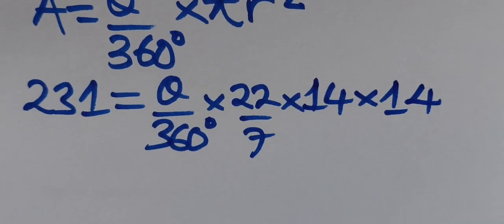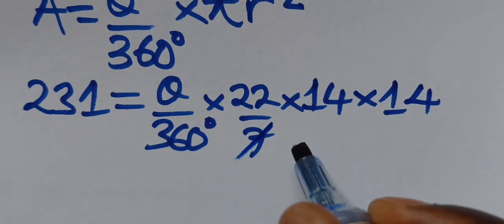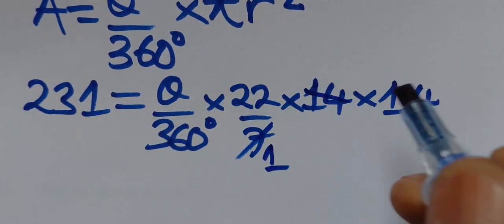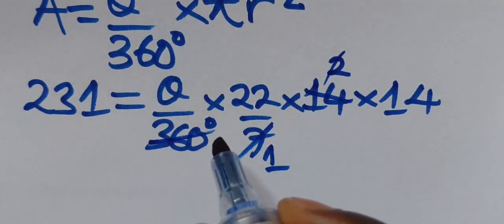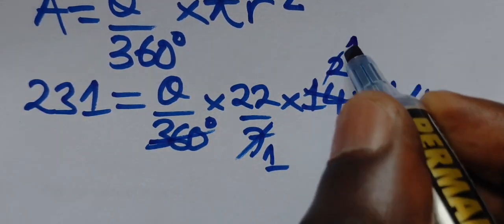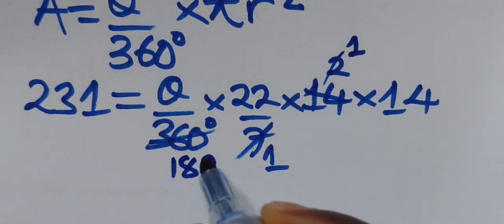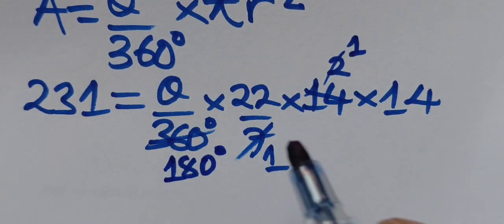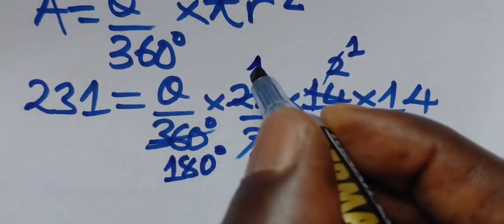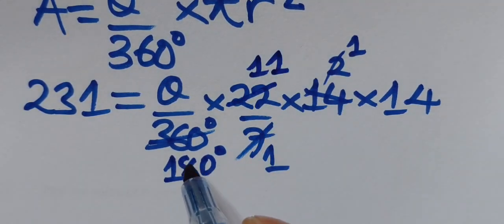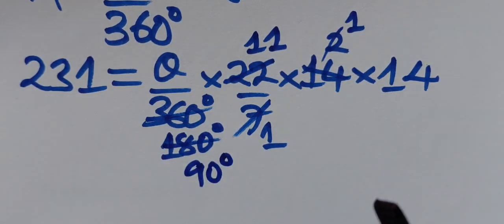So here we can simplify. 7 into 7 gives 1, and 7 into 14 gives 2. 2 can go into 360, so 2 into 2 is 1, and 2 into 360 we get 180 degrees. Then 2 can go into 22, this leaves us with 11, and 2 into 180 we get 90 degrees.